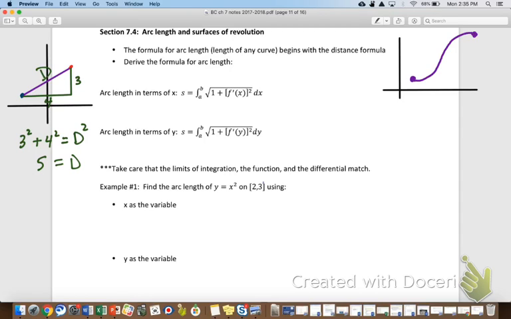What if I wanted to approximate the length of this curve? Couldn't I do something like this, where I put a point right about there, and I connect that with a straight line segment, and then another one right there, and then this one would be pretty good because the purple graph almost looks straight there. Then there's that one, and then that one, and then I would connect to the end.